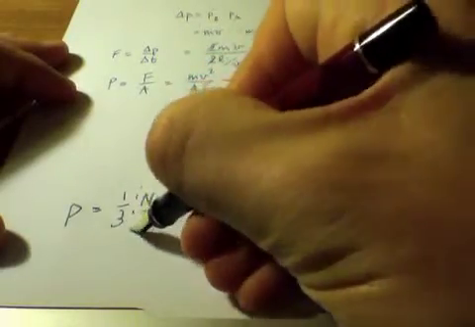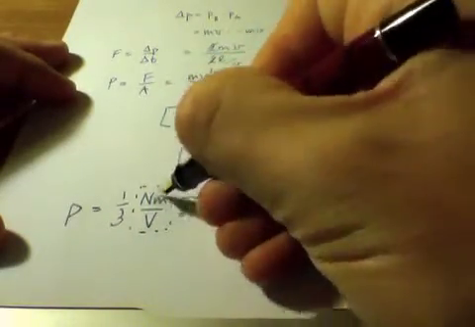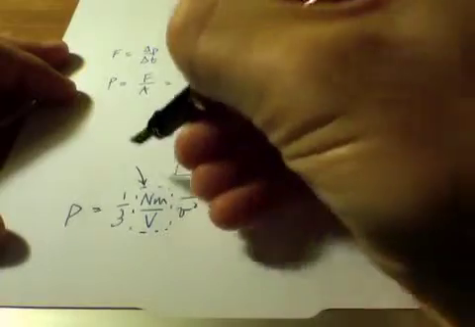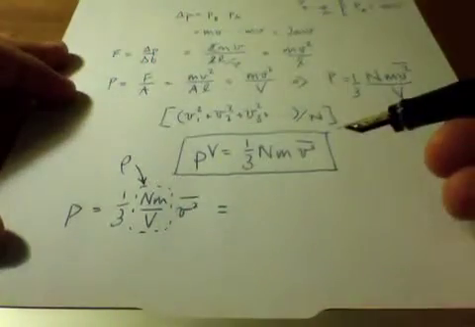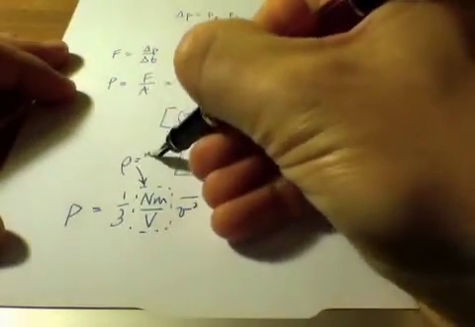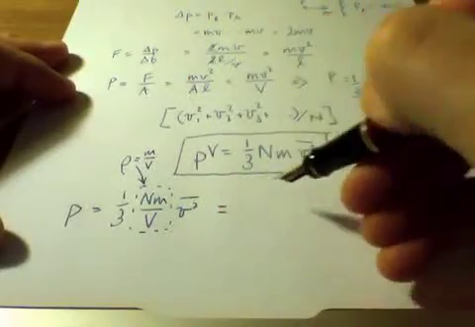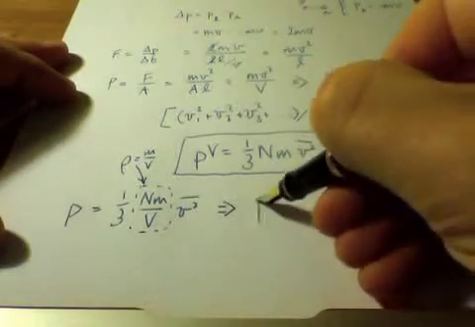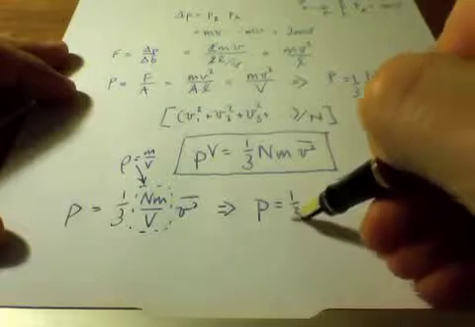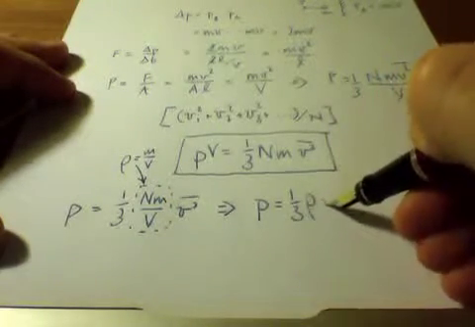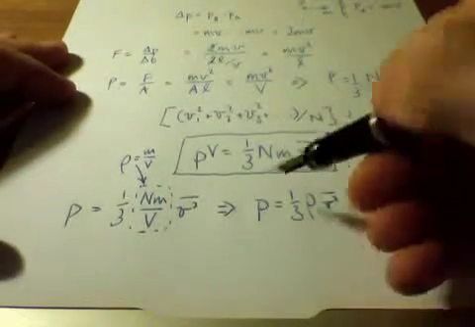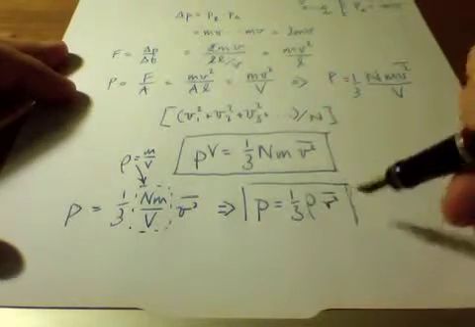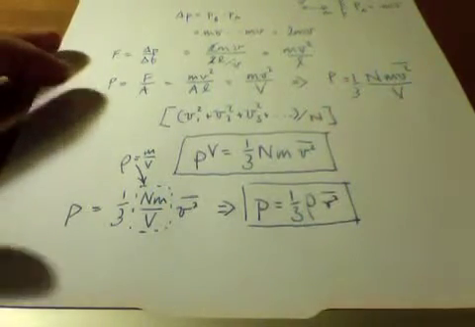Then this function here, which is the total mass over the volume, is actually the density. If you recall, density is mass over volume. So therefore, the pressure is a third rho v bar squared. Another really interesting equation to make use of.